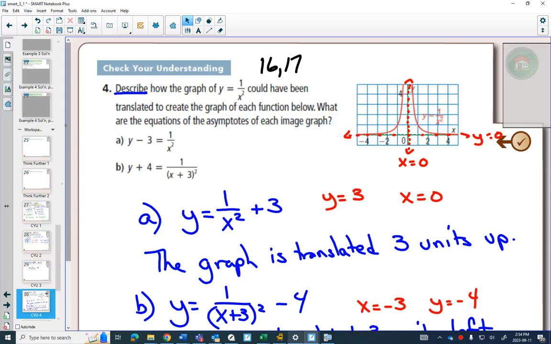And so for D, x-intercept. But this one, if I put 0 equals 1 over x plus 1, then I multiply both sides by x plus 1, I get 0 equals 1. And that's not true. That's why it's not.